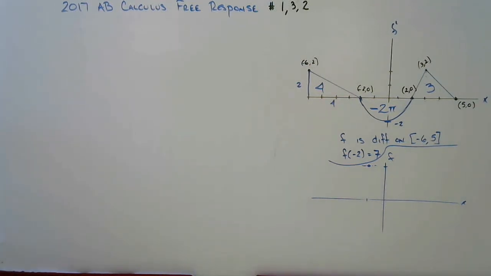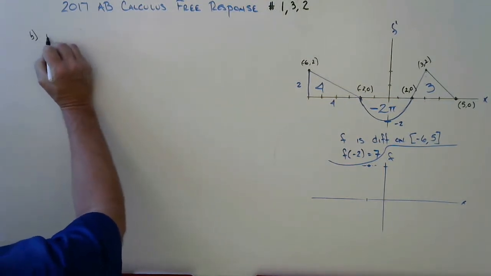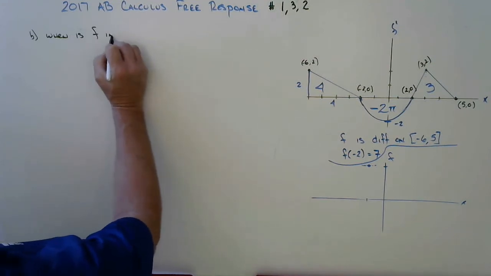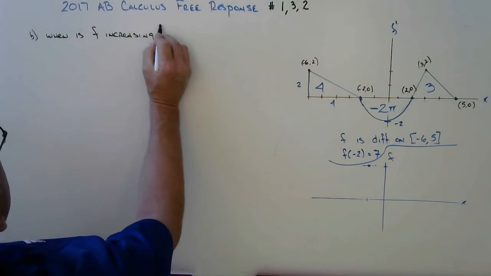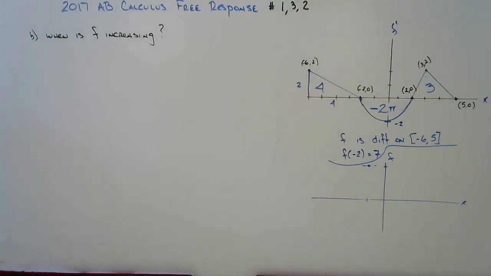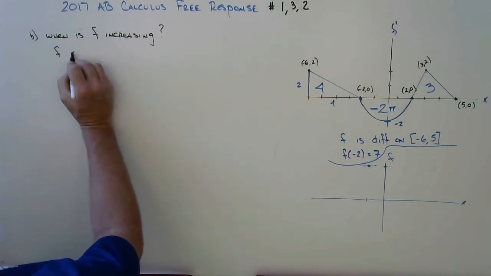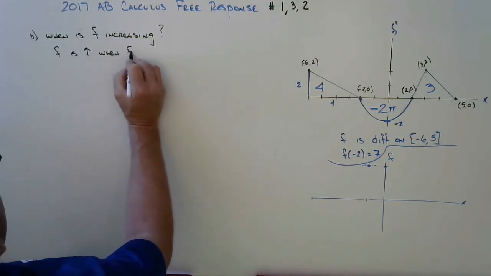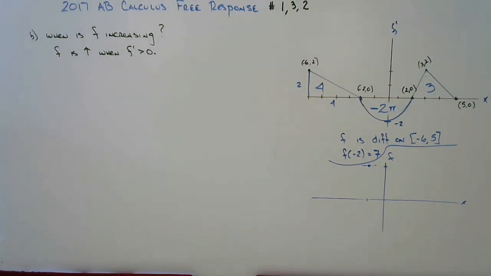Part B says, when is f increasing? Justify your answer. Well, we know when f is increasing. The sign test, or the first derivative test, says f is increasing when f prime is greater than 0. That's what they tell us.